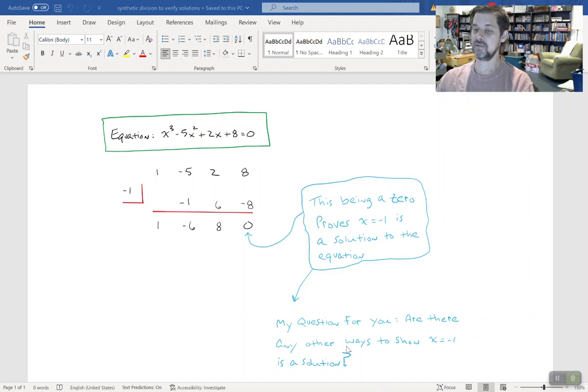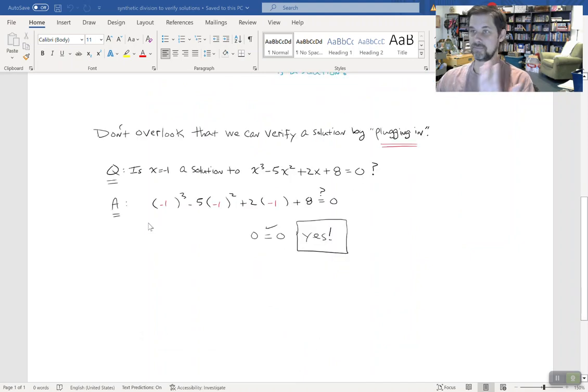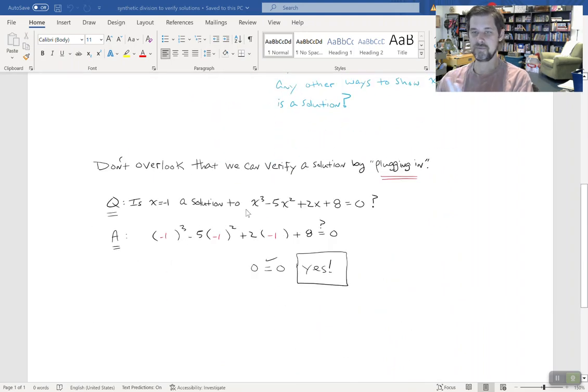So are there other ways to show that -1 is a solution to this equation? It's so easy. We could just plug the number in. That's what a solution does. Let's not forget what a solution is. What does it mean if -1 is a solution? It means that if you take that equation, x cubed minus 5x squared plus 2x plus 8 equals 0, and you put -1 in for the x, then it turns out to be true.